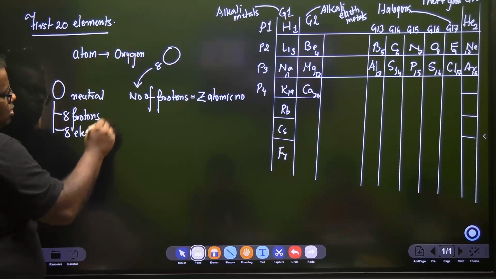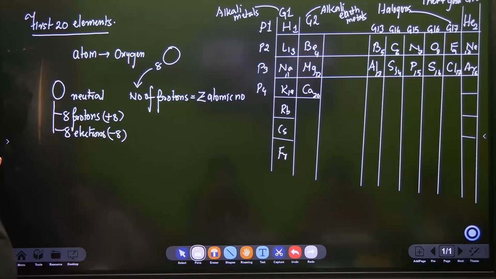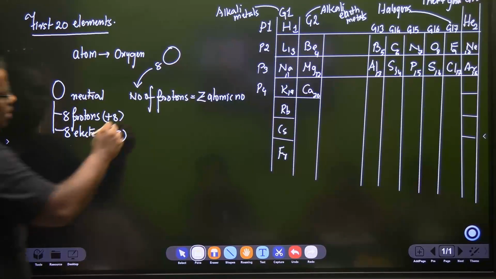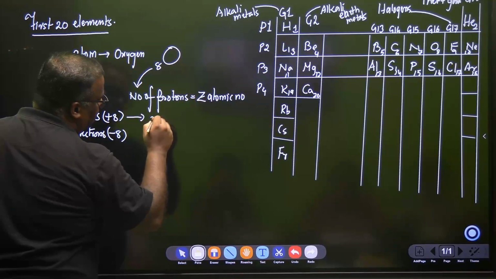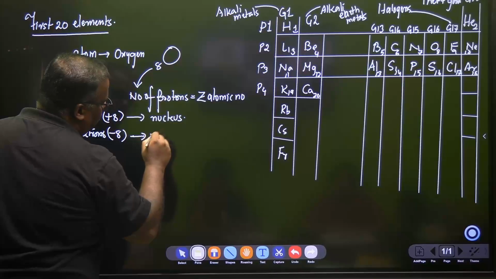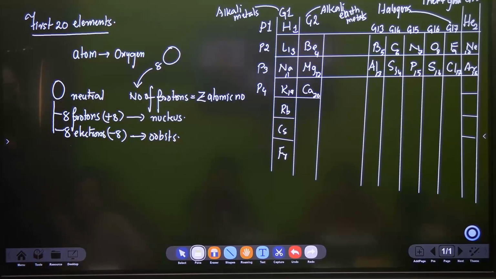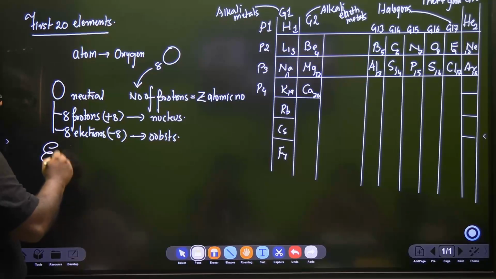Yes or no? So there will be plus 8 charges on this side, negative 8 charges, which makes it neutral. Protons are always associated with the nucleus, but the electrons are in what we call orbits. Today what we will learn is something called electronic configuration.